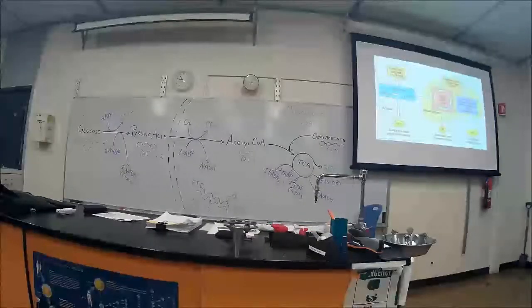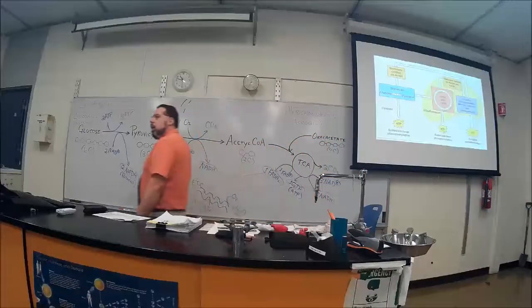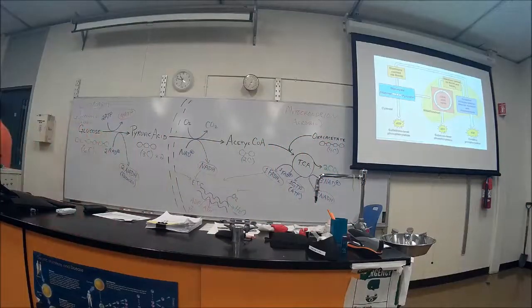Yeah. You got to understand the concept. Certain things you got to memorize, how many at first, but then the concept's pretty easy. So as I said, I want you to know what goes into each process, what comes out of each process, how many ATPs are actually made, and where do they occur? To emphasize that you need oxygen.